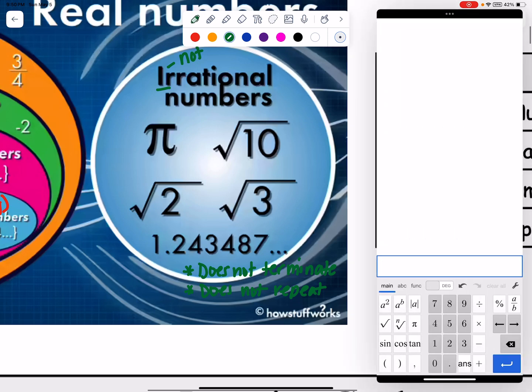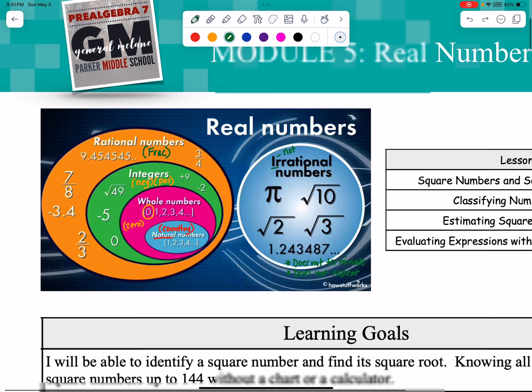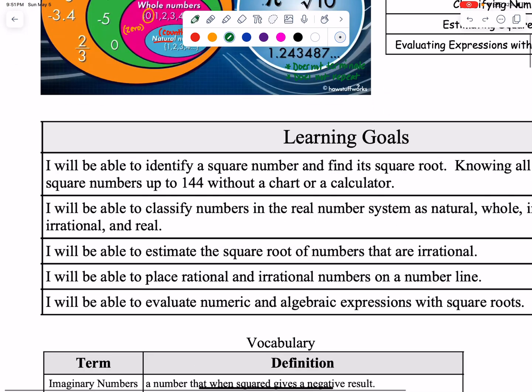If you type in an irrational number, so for example, square root of 2, you can see it looks like it stops, but if you don't see it's repeating, then assume that it goes on forever and does not stop. Okay, calculators truncate or cut off automatically, so don't assume that it stops just because you see it on the calculator stop. All right, so those are the types of numbers and the hints of how to remember them.